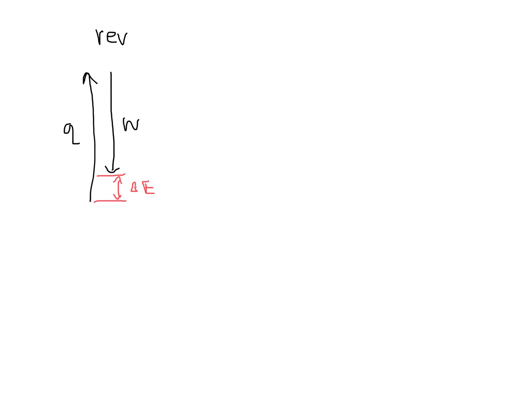The amount of heat input to the system is equal and opposite to the amount of heat that the surroundings have lost. If I do the process reversibly, this is equal to the amount of heat transfer that I'm going to use to calculate delta S for the system.